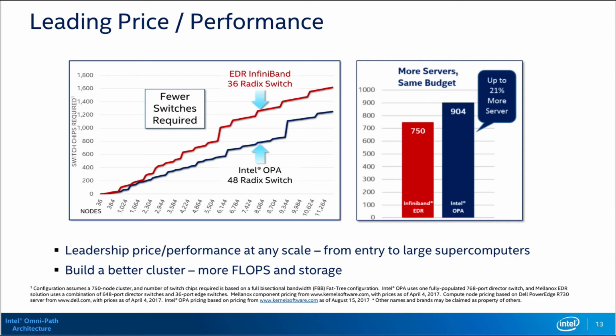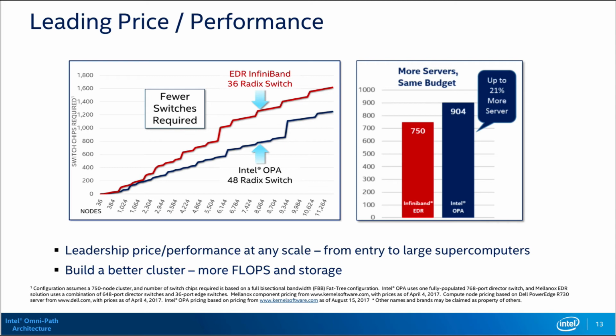As you build out a cluster, you can get a fairly sizable difference in cost. Now that difference in cost can be used to build a much better cluster. You can buy more nodes, more storage, or you can basically save money for your cluster that you're buying.